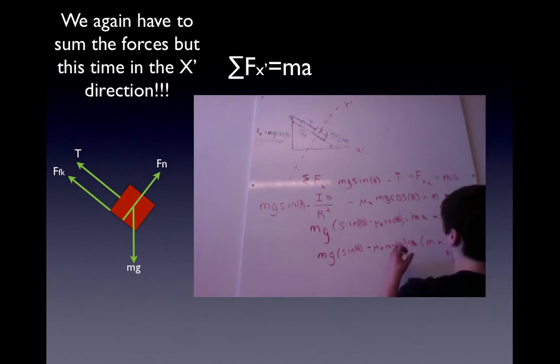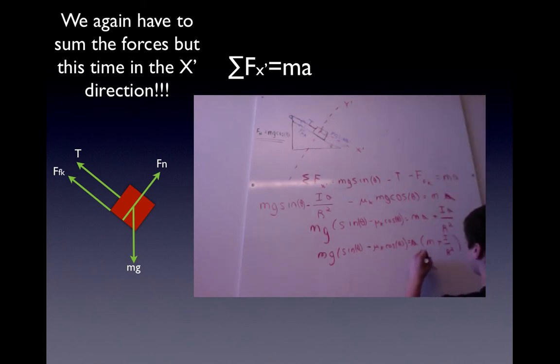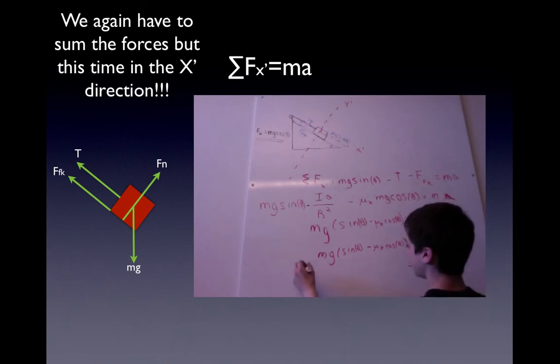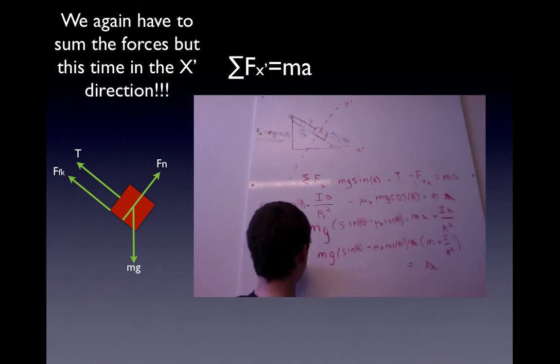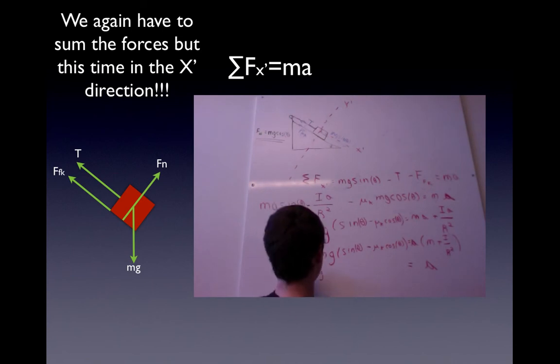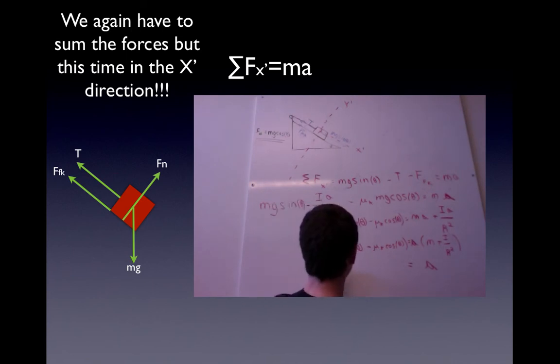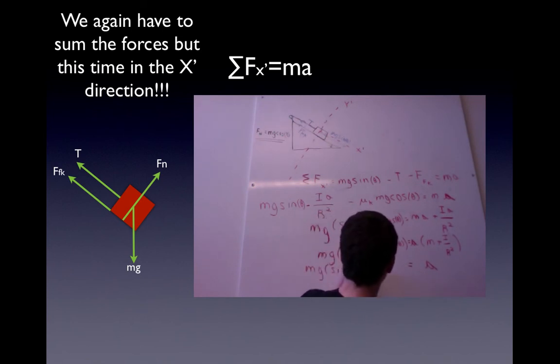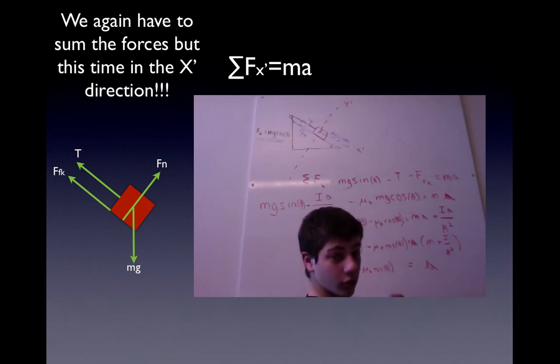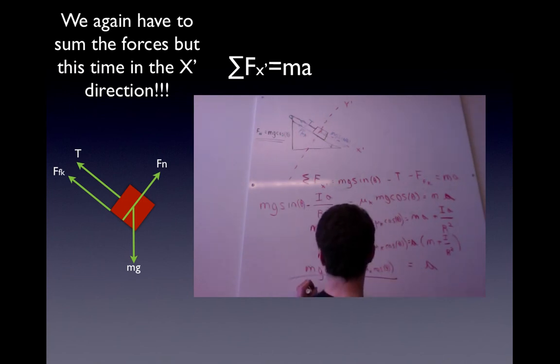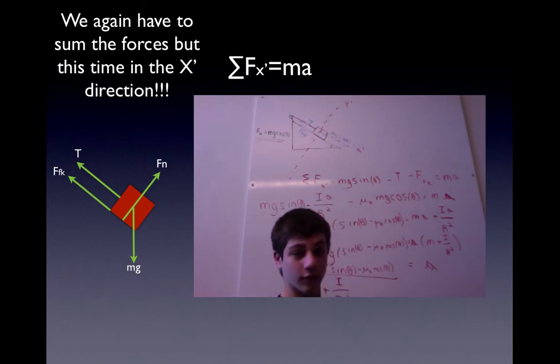So a equals mg times the quantity sine theta minus mu k cosine theta, all over m plus I over R squared.